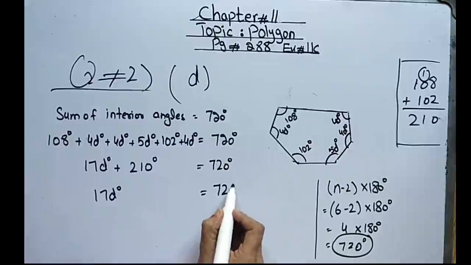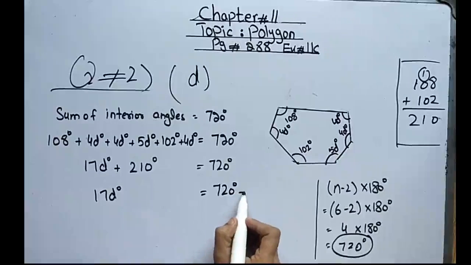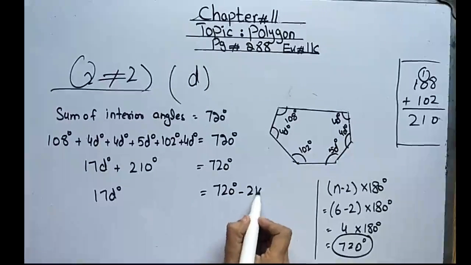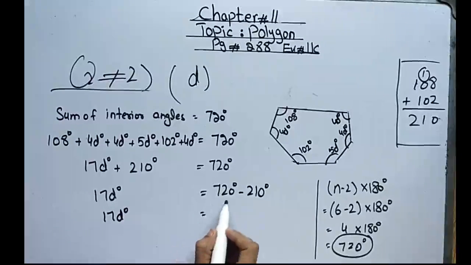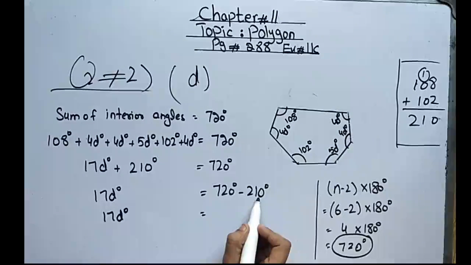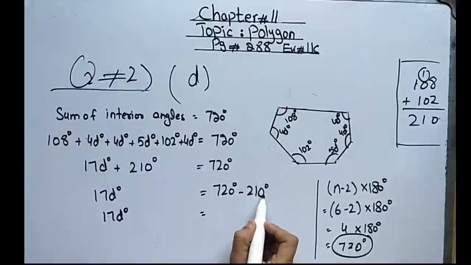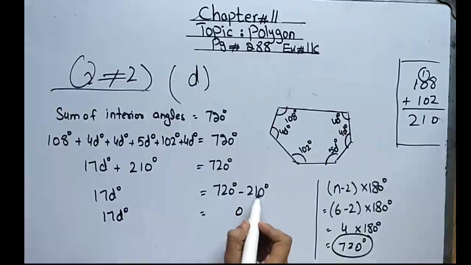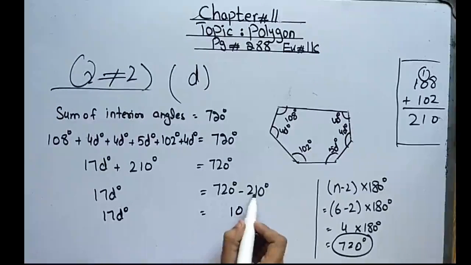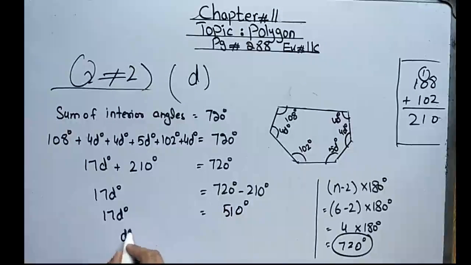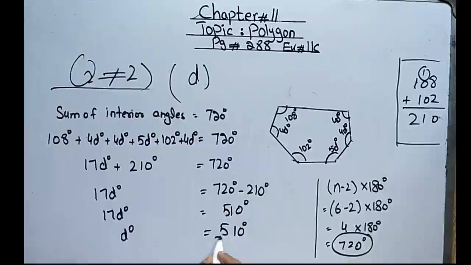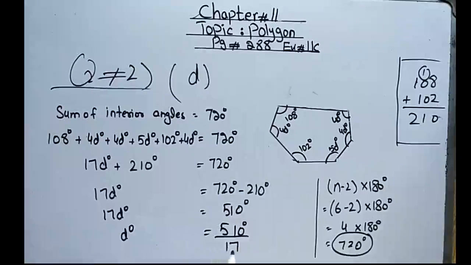The sign will change: the positive sign will convert into a minus sign. 17D is 720 minus 210. 0 minus 0 is 0. 2 minus 1 is 1. 7 minus 2 is 5. So 17D degrees is equal to 510 degrees.